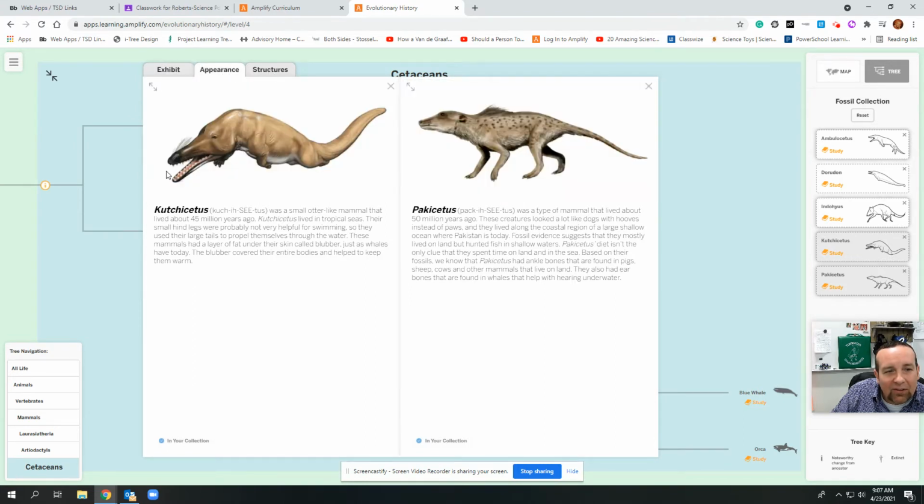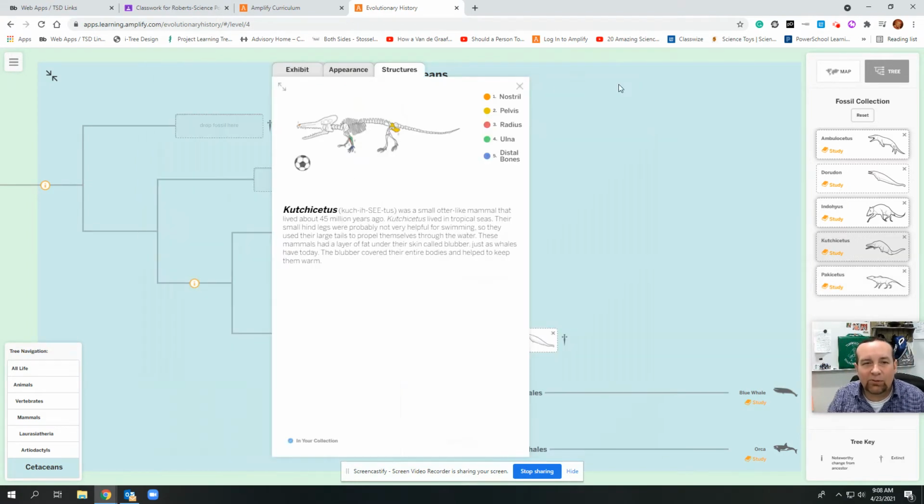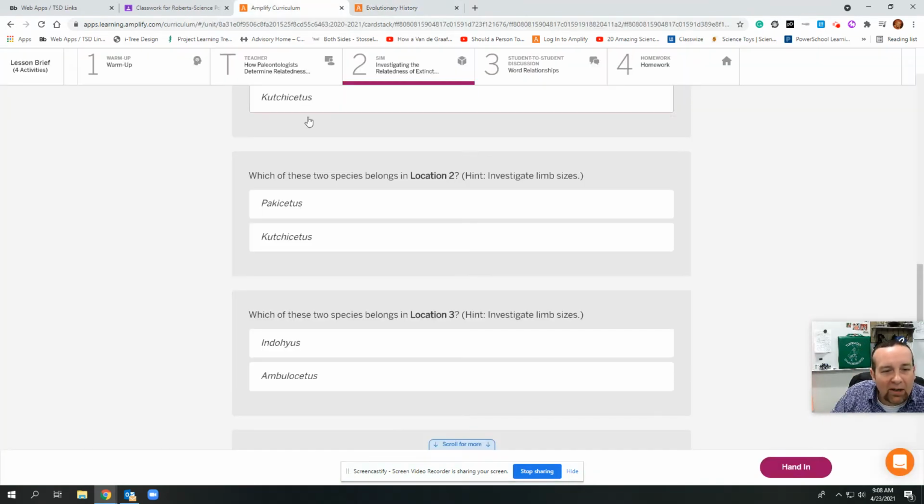However, Cuchicitus just looks a lot more aquatic, and their hind legs were not very helpful for swimming, so they relied on their tail a lot, right? So it's looking like this one should be the Cuchicitus. So we're going to drag Cuchicitus over, bounce back in the sim, select Cuchicitus.